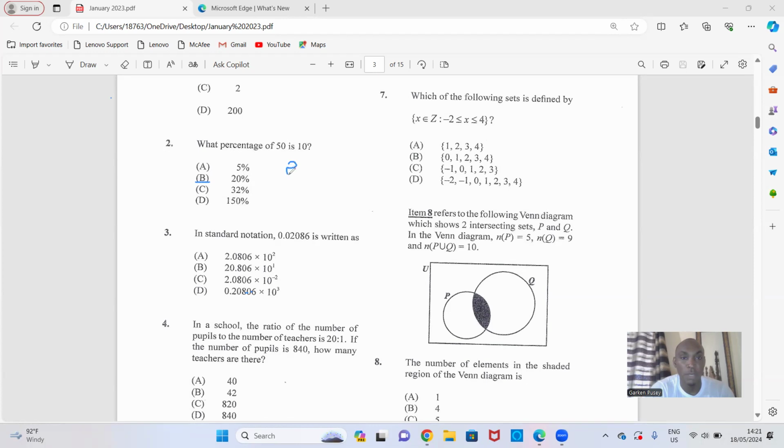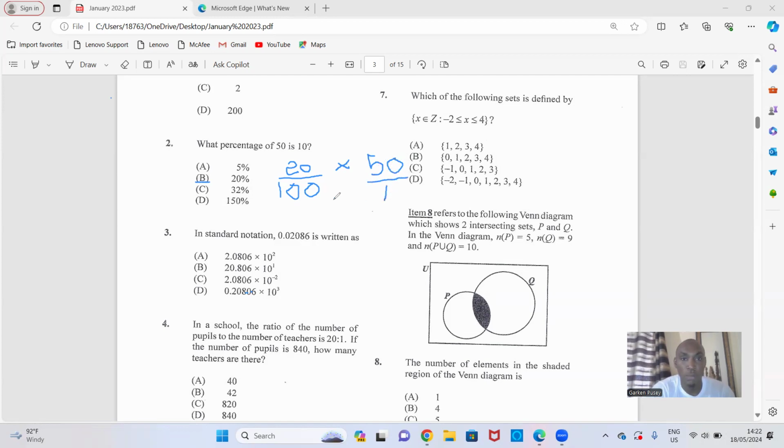There are other ways of working this out. Let's just prove our answer. So this is 20 over 100. We're trying to prove that 20% of 50 gives us 10. So this could be 50 over 1.